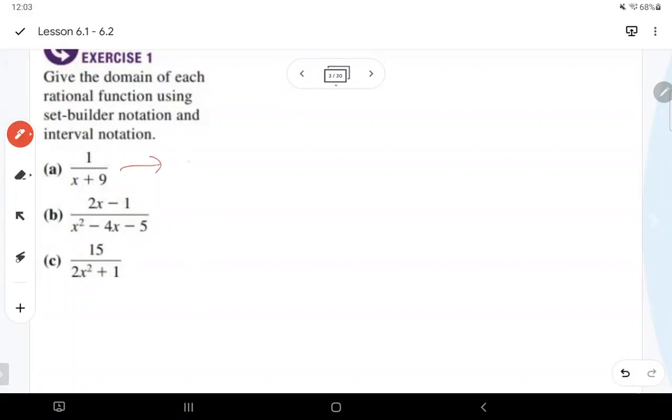So here q of x is equal to x plus 9. And we know from the definition that q of x cannot equal 0. So we say to ourselves, okay, then x plus 9 cannot equal 0. Well, when would x plus 9 equal 0? That would be whenever x is equal to -9.